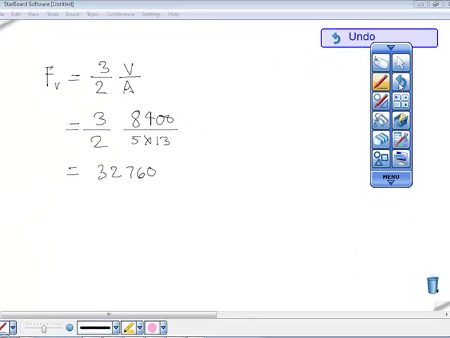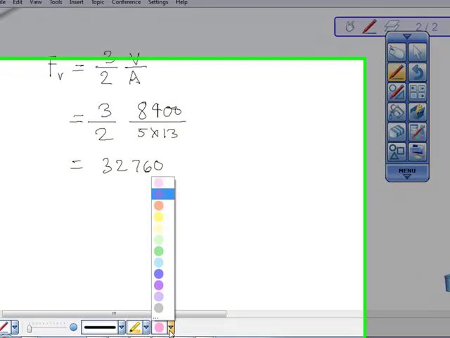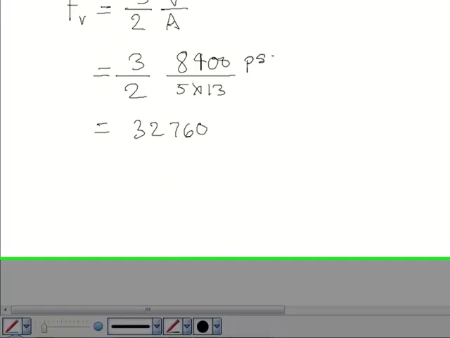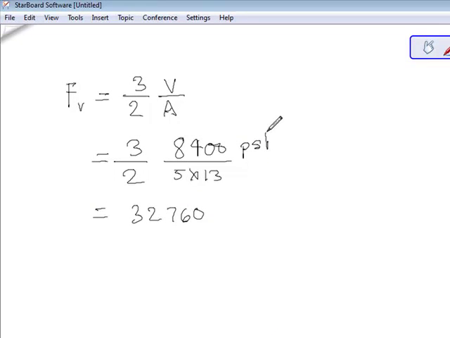What did I do? I must have touched something. Ah! I hate this thing. There. Okay. 8,400 psi, and then 5 times 13 is what? 65.